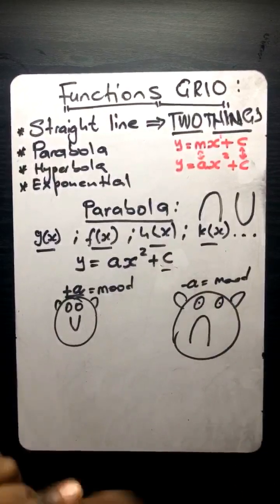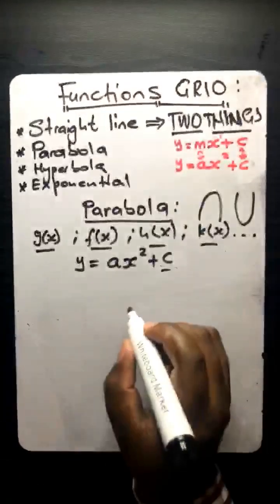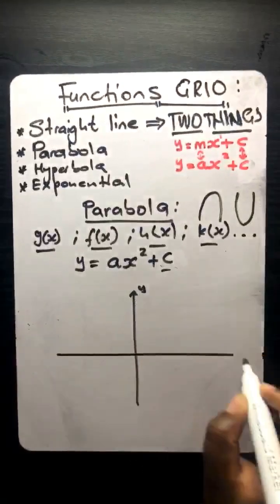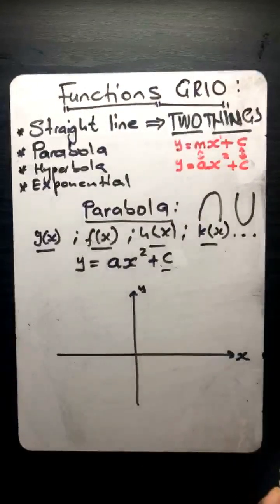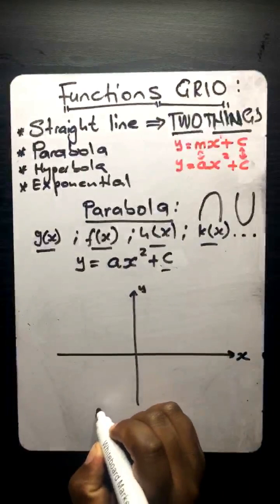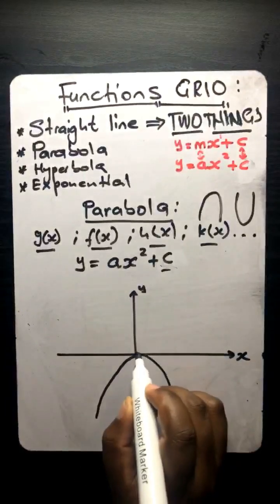So let me try to do something of this nature, and say, on a Cartesian plane, having the y and the x axis, a sad shape can be drawn like that, making a U-turn at the origin.